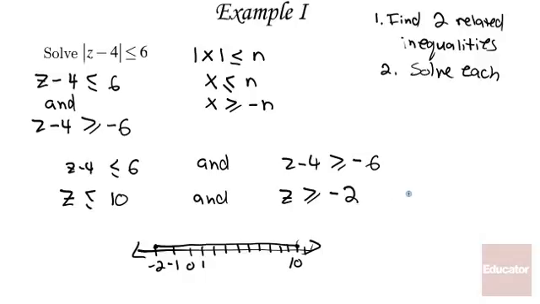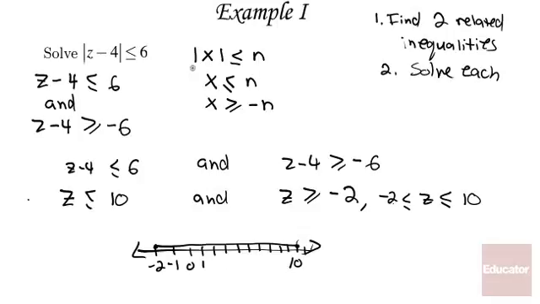And I could write this out another way, putting z in the middle and showing that it's greater than or equal to negative 2 and that it is less than or equal to 10. So this is the same as this and the graphed version.